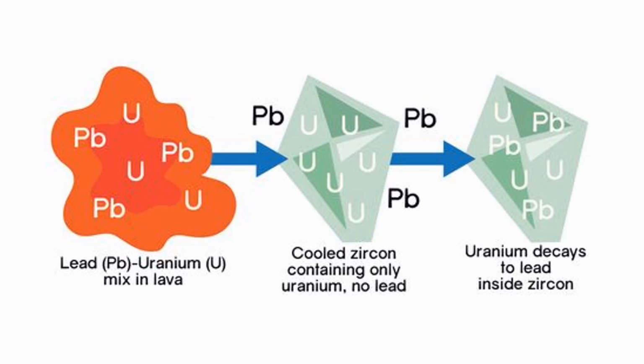We call these sorts of elements trace elements because they are present in low or trace amounts, measured in parts per million. Although only one or a few atoms in every million may be lead or uranium, we can still measure their concentrations with a mass spec.